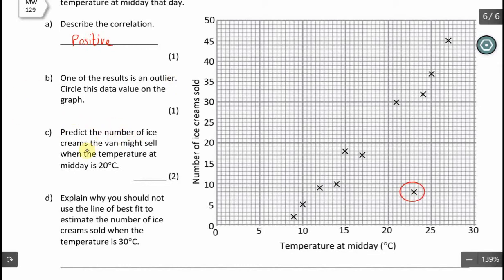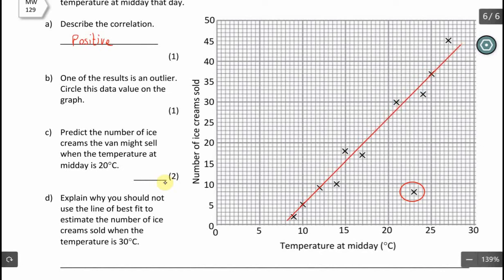Predict the number of ice creams the van might sell when the temperature at midday is 20 degrees Celsius. Now there's 2 marks for this question, and the reason for that is that one of those marks is for drawing a line of best fit. So it hasn't told us to do it, but without it we would only get 1 mark, even if our prediction was sensible.